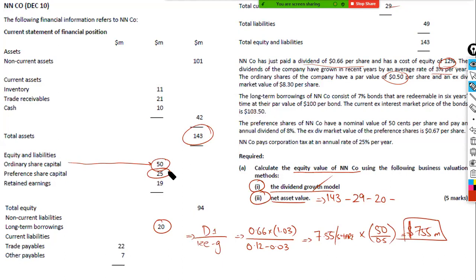One reason is that we are looking for the value for ordinary shareholders, and the second reason is that preference share capital also takes a fixed charge similar to a loan. Hence, it is also considered a liability when we are evaluating the net asset value of equity. So I'll also minus 25. Hence, the value that I'll obtain from this is $69 million. So I've done it both ways.